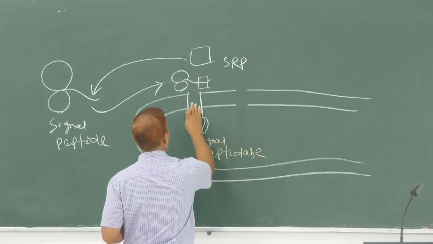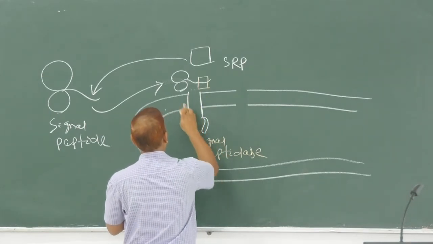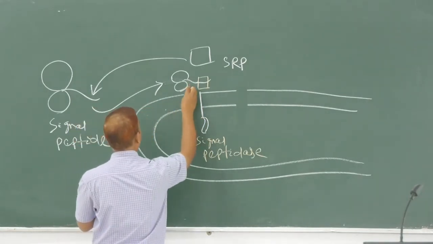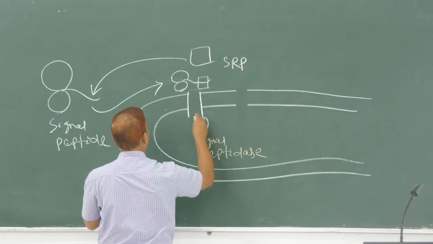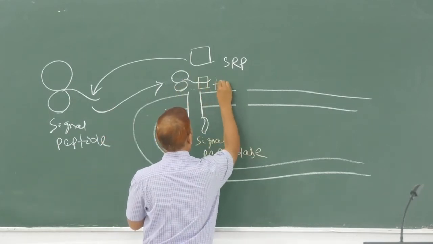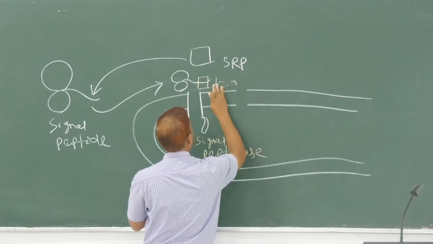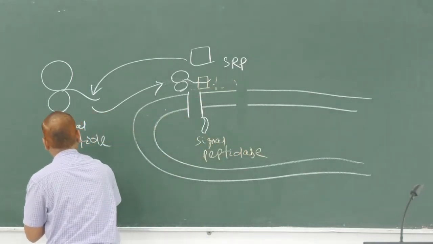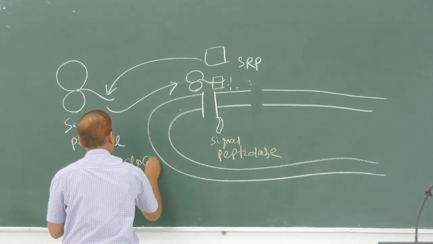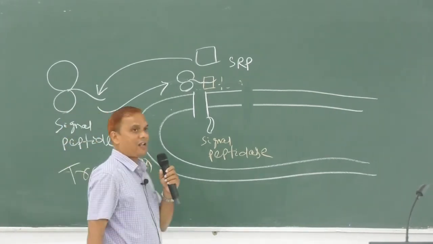This is your transport channel. Now it will dock here. Once it docks here, this is called your translocon.